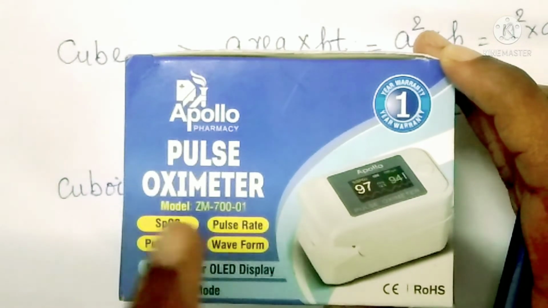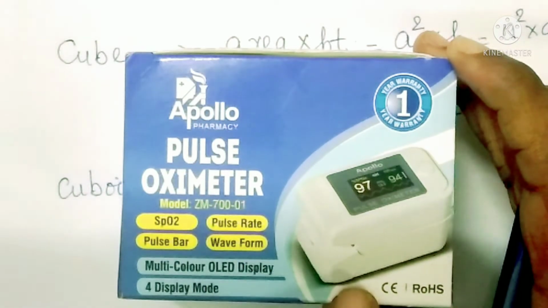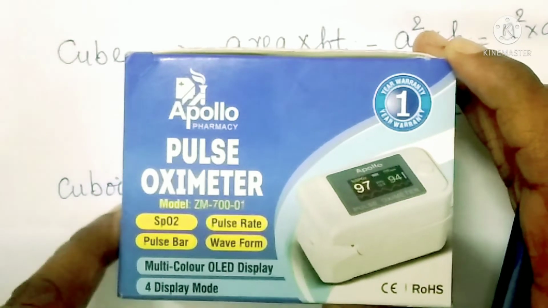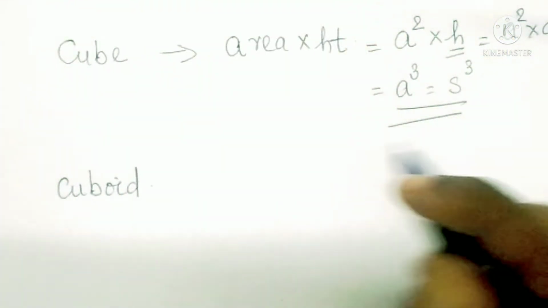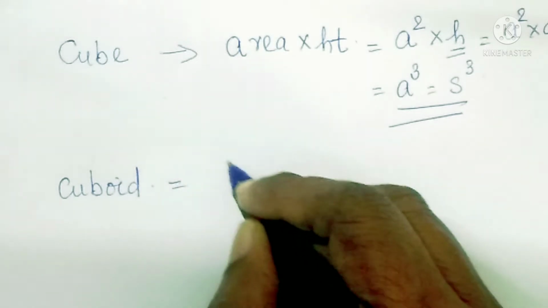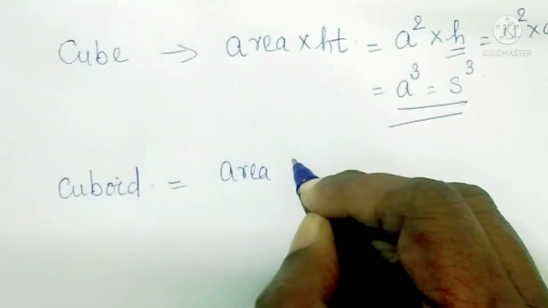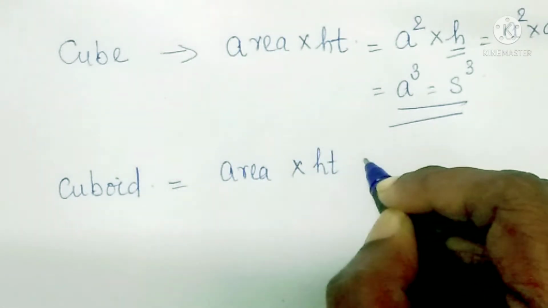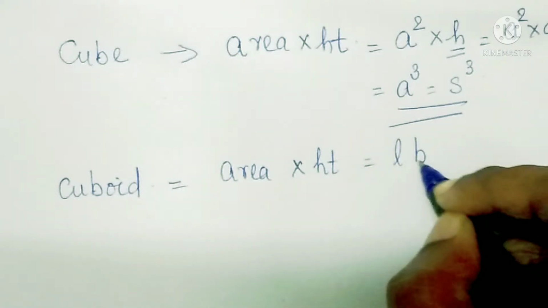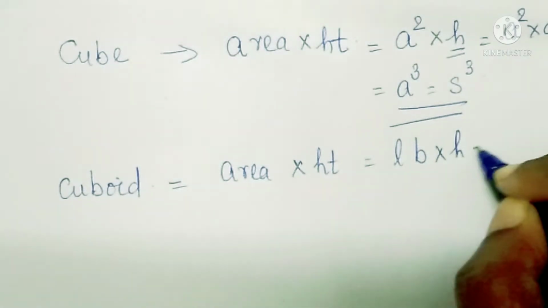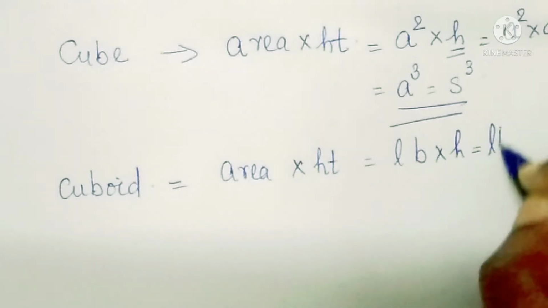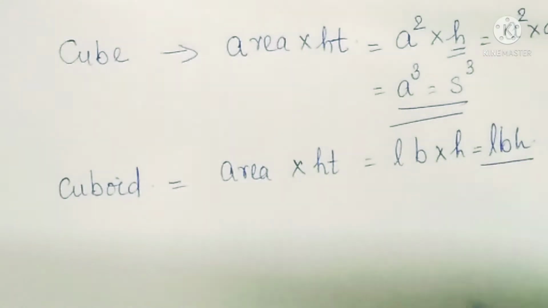This plane surface is L into B, and this is H, height. So volume of the cuboid is again area into height, that is LB into H, which is equal to LBH. All the formulas are very easy in this particular chapter.